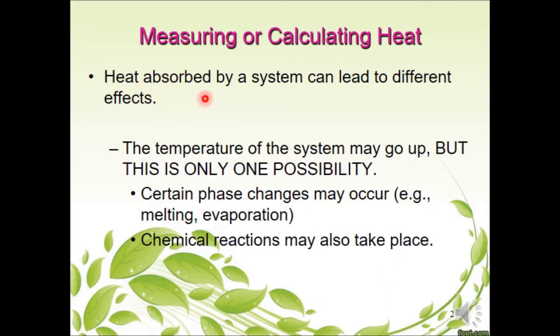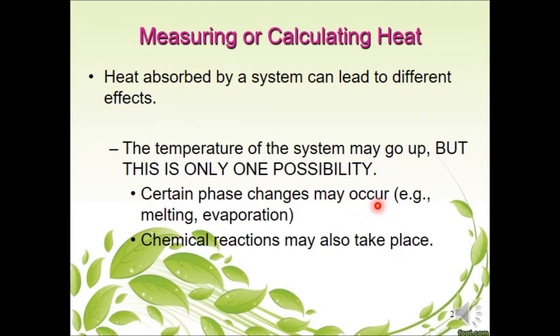Heat absorbed by a system can lead to different effects. When heat is absorbed by a system, the temperature of the system may go up, but that is only one possibility. Certain phase changes may occur.